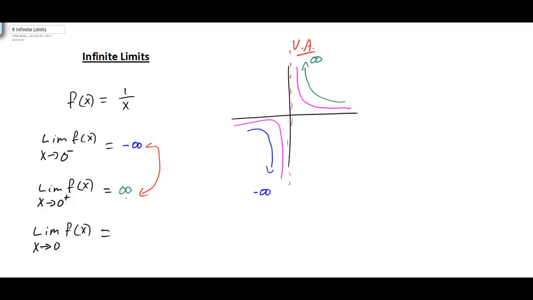That's more of a way of telling you why the limit does not exist. So technically here, the limit for both of these does not exist, and the infinity and negative infinity basically tells you how the limit fails to exist.